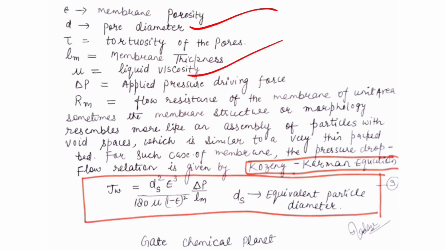JW equals ds square epsilon cube divided by 180 mu (1 minus epsilon) square, into delta P divided by Lm, where ds is the equivalent particle diameter. It is very important to learn all these equations for calculating the flux of a microfiltration membrane.